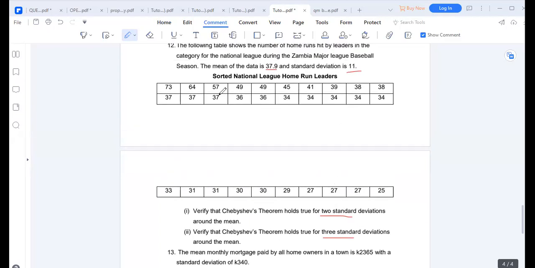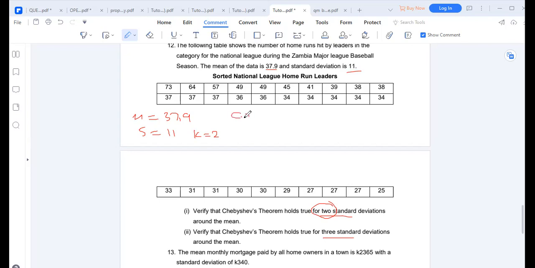So firstly, what are we given here? Mu, the mean, is 37.9. What else are we given? Standard deviation is 11. And our k has been given as 2 standard deviations. So for 2 standard deviations, what's the confidence interval?